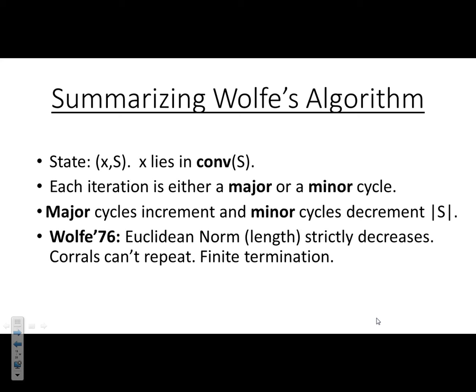So the number of iterations can be bounded by the number of sets S, which is finite but quite large. This was already there in Wolfe's paper, and the question was, is there a better analysis? I would go out and say there's probably no lower bound known for this algorithm. So this is the algorithm.